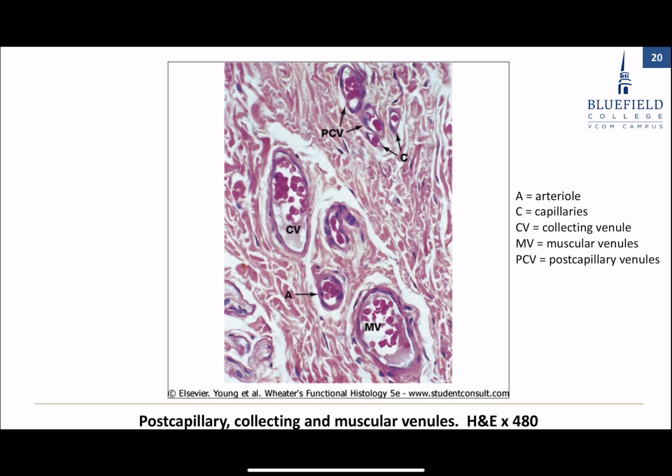These post-capillary venules have an endothelial cell lining, just like we talked about before, the tunica intima, but then there's typically one layer of what looks like smooth muscle. And prior to 10 years ago, we'd always say it's got one layer of smooth muscle, the tunica media.